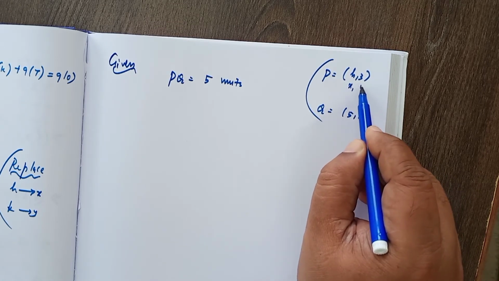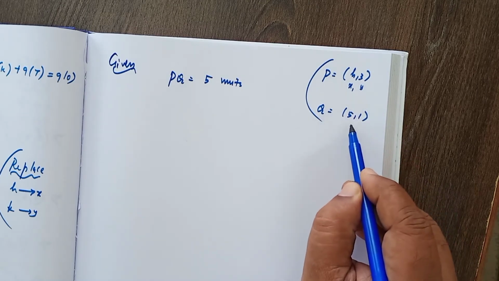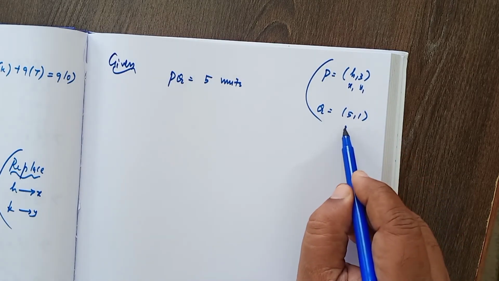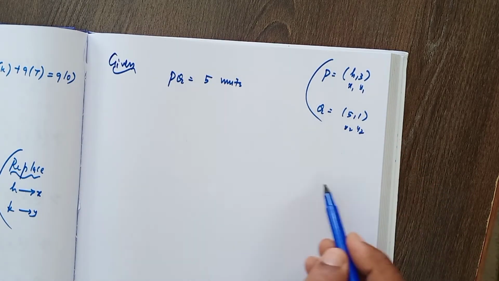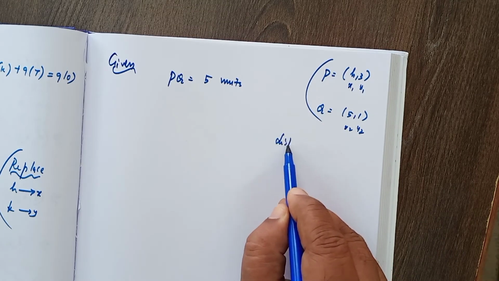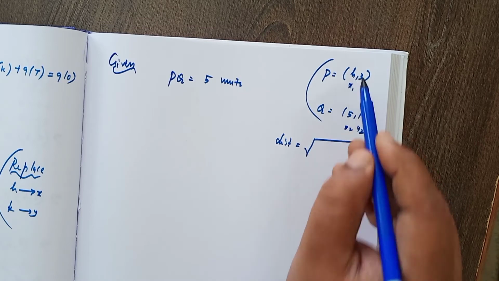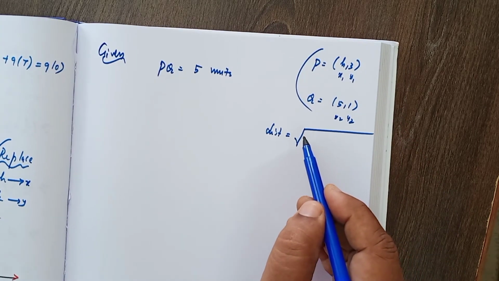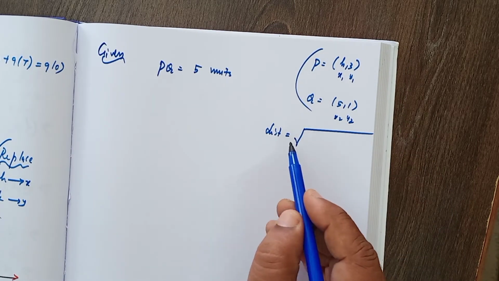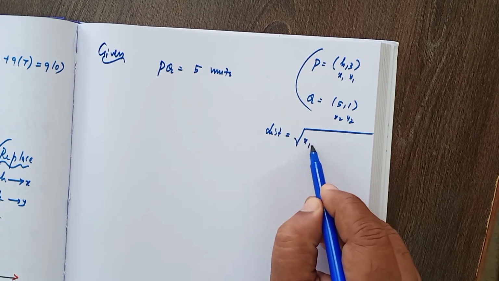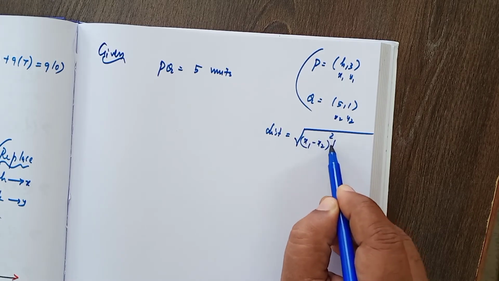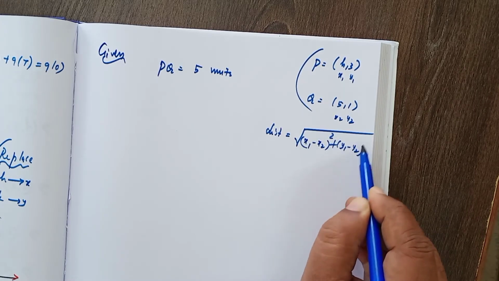So consider them as x1, y1, x2, y2. Distance formula: square root of (x2 minus x1) the whole square plus (y2 minus y1) the whole square. Even you can take (x1 minus x2) the whole square plus (y1 minus y2) the whole square.